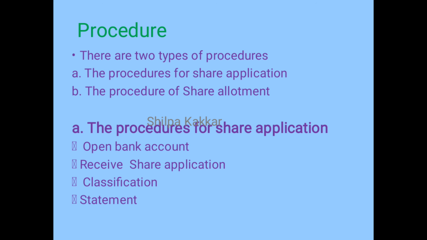Applications qualifying for share allotment are classified into various categories of investors. As per the SEBI guidelines, applicants are to be classified as retail investors, non-institutional and high net worth investors, institutional investors, and employees of the company, if shares are reserved for allotment to employees of the company.